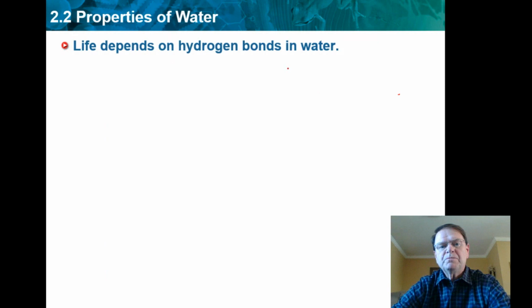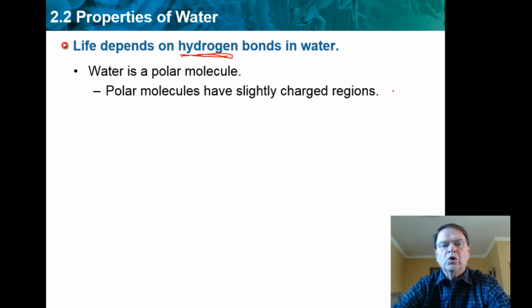Now, there is a very special type of bond that life depends on, known as hydrogen bonds. And we want to focus on that and the properties that it creates as well. We've already observed that water is a polar molecule. In other words, the distribution of electric charges over the surface of the water molecule is not even.